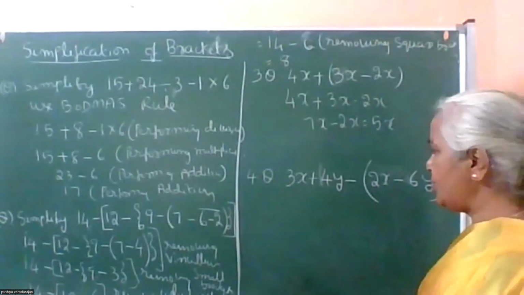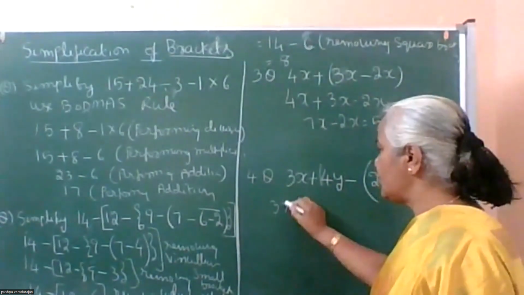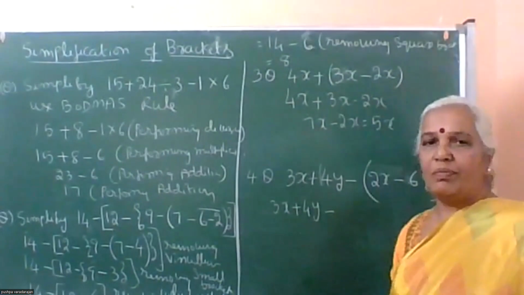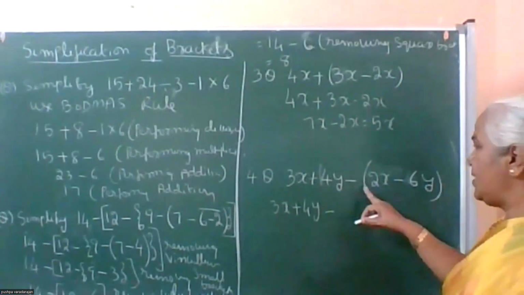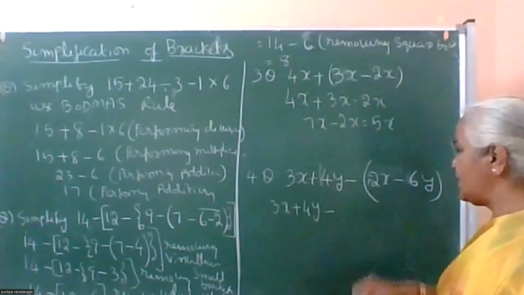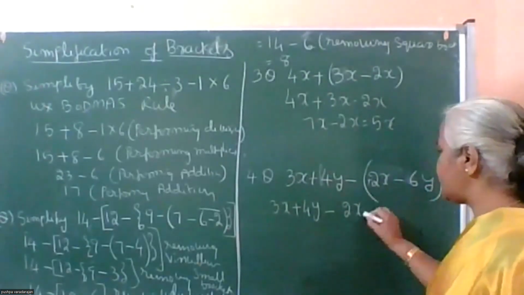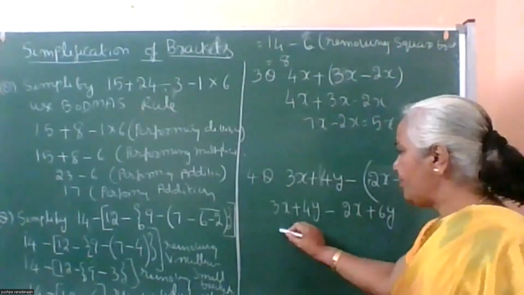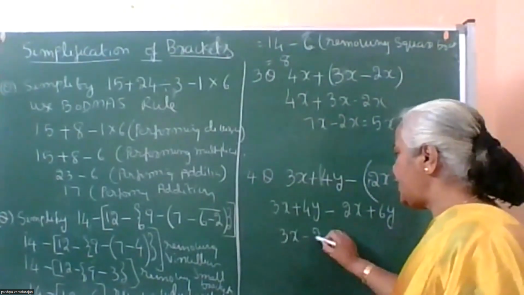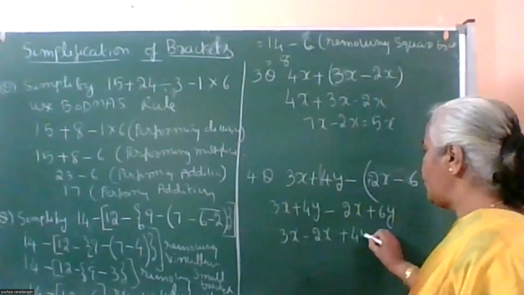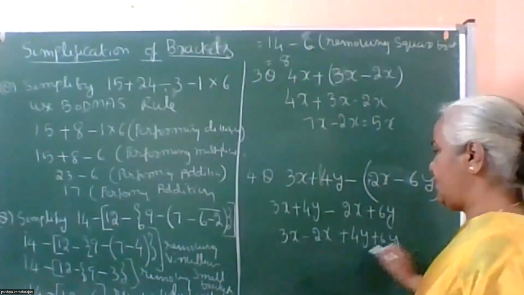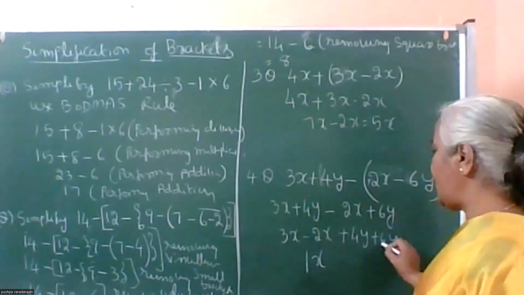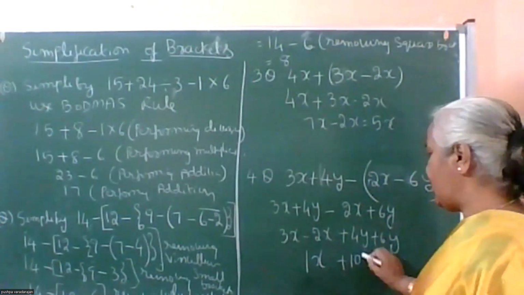And in this question, it is 3x plus 4y, you write as it is. And this is followed by minus. Therefore, the signs change: minus 2x minus 6y. Now it will be 3x minus 2x and 4y plus 6y. 3x minus 2x is 1x and 4y plus 6y is 10y.